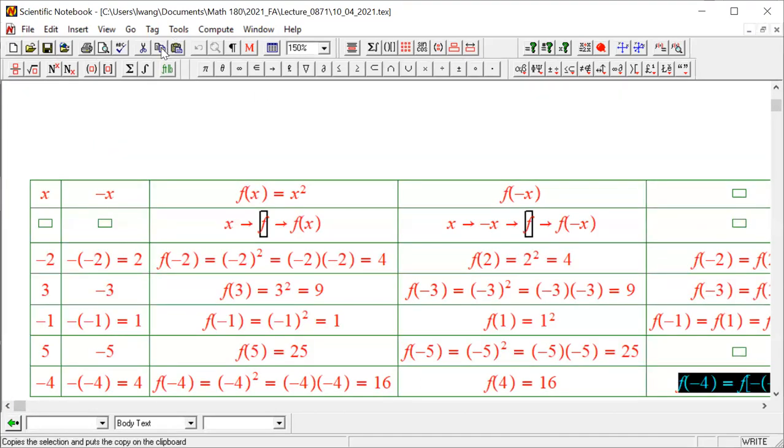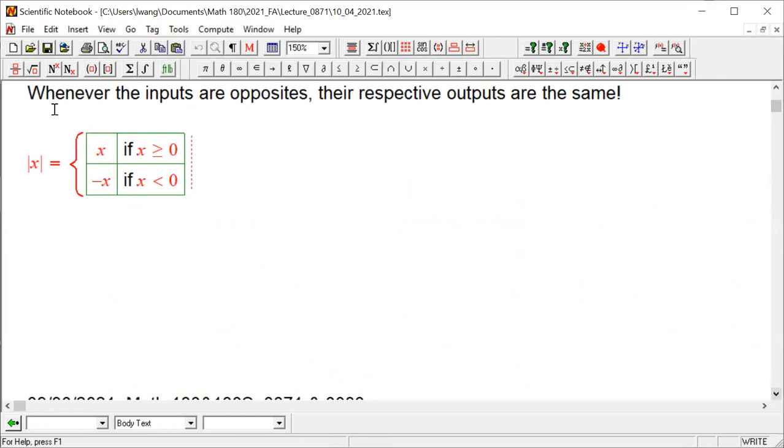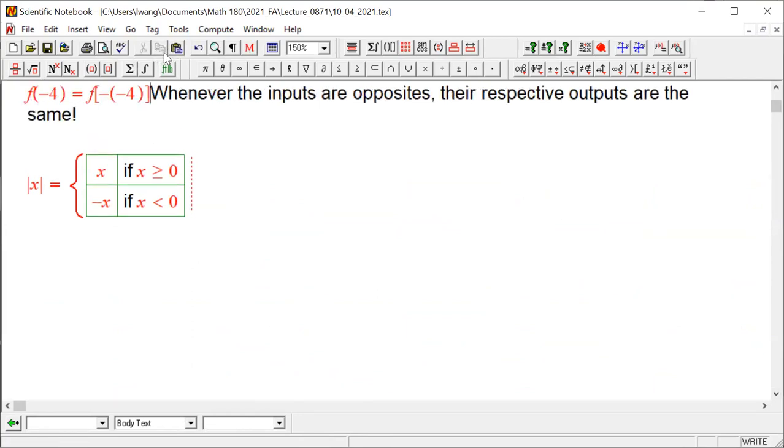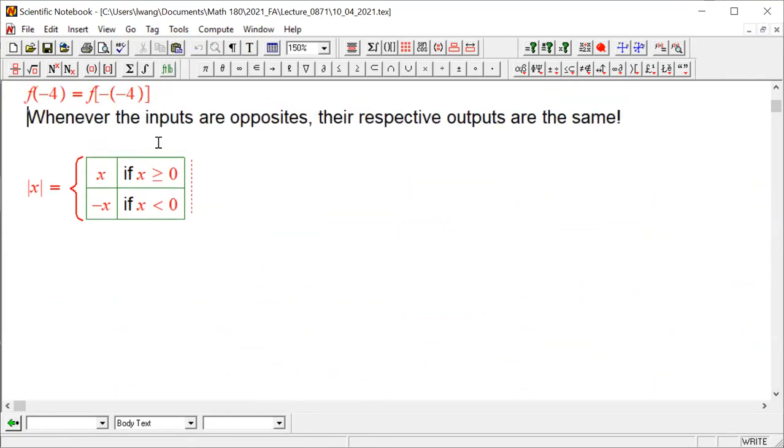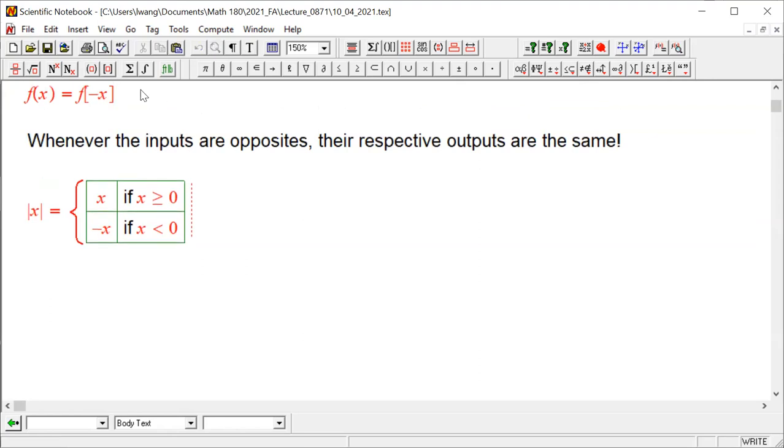So why do I write it that way? Is it because the negative of -4 is 4? Yes. But why would someone write it that way? Because when x is -4, that's what it is. It's quoting the definition.